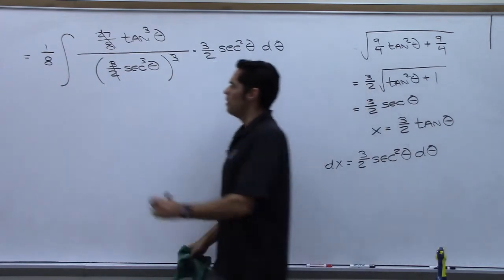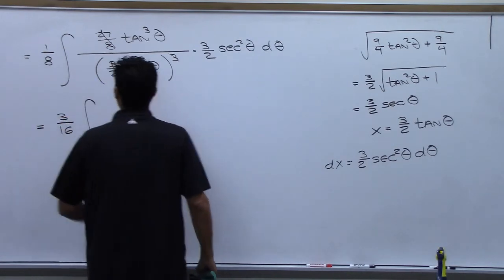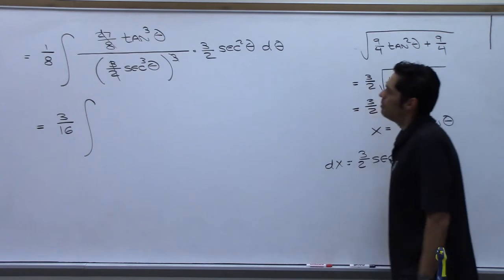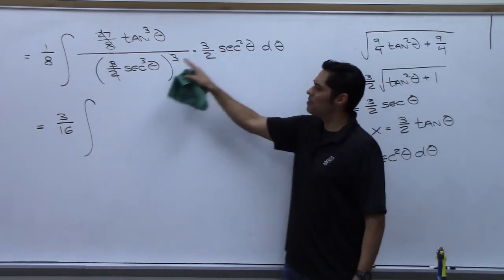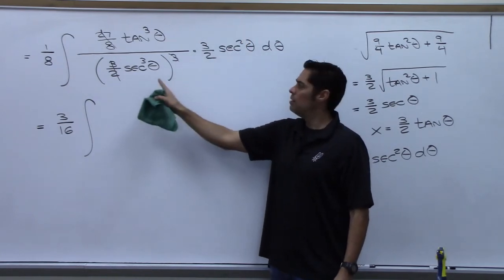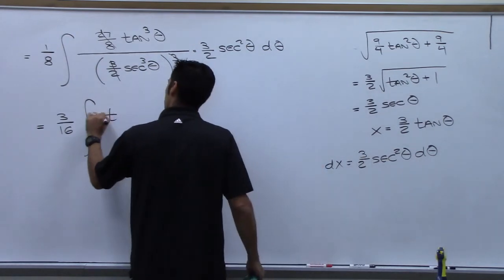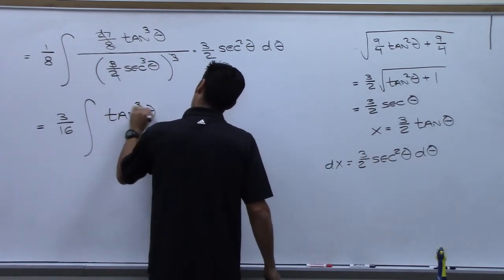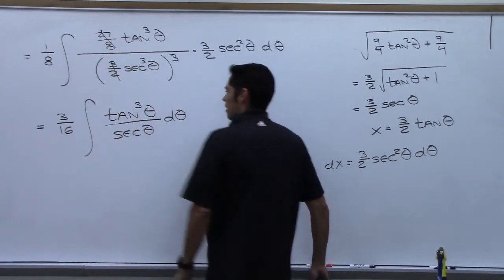Becomes what? 3/16. Integral. All right, what have I got on top? Tan cubed secant squared, but on the bottom secant cubed. So the secant squared cancels, and I'm left with 1 secant on the bottom. Tan cubed theta over secant theta d theta.